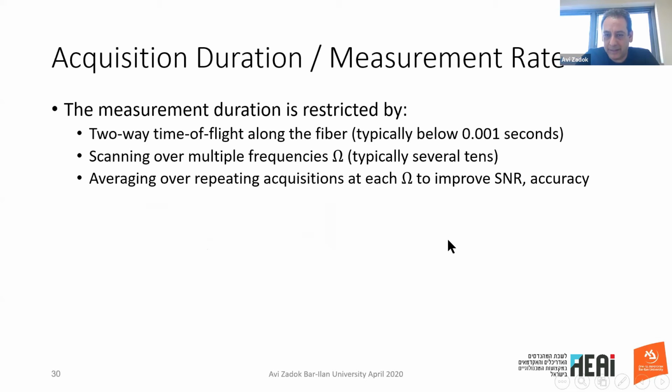And the way to get SNR is to repeat acquisitions. One pulse and another, and 10, and 100, and 1,000, and average out all these traces and hopefully eliminate the noise and improve the SNR. So it's time of flight multiplied by how many frequencies and multiplied again by how many averages, and all these multiplications are adding up.